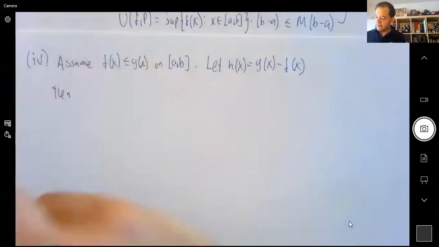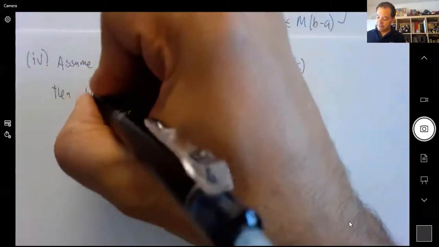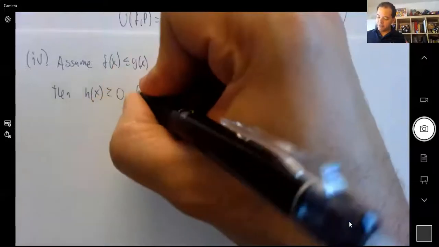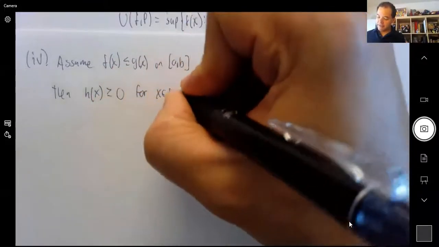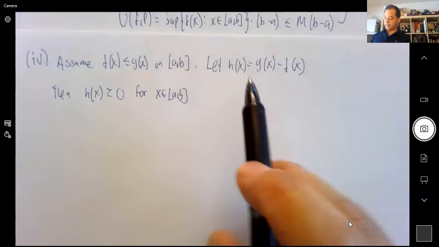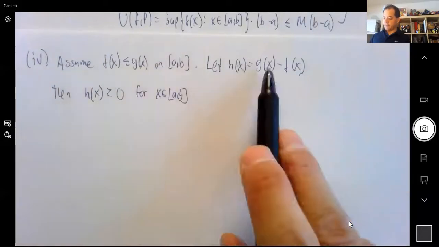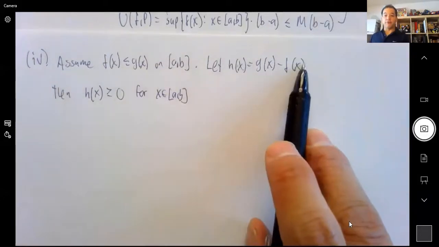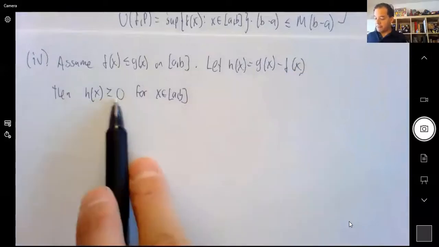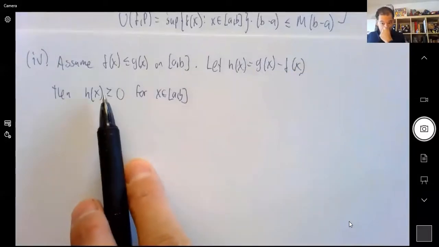Then h of x is greater than or equal to 0 for x in [a, b], because g is bigger than f, so g minus f is greater than or equal to 0 for every x. Now I could use the previous one.